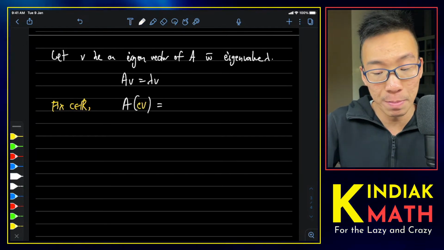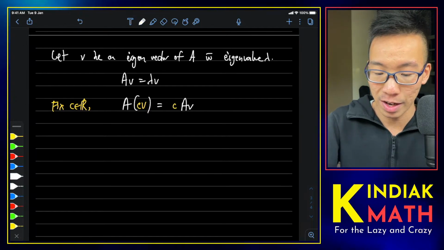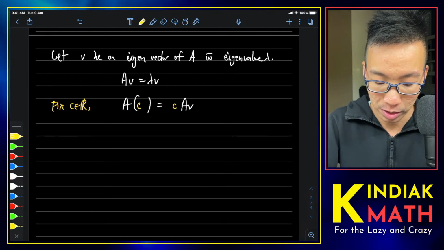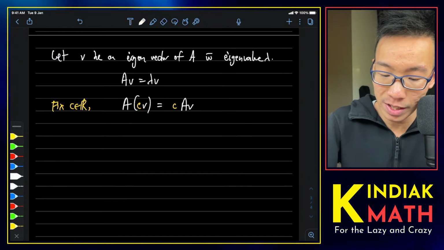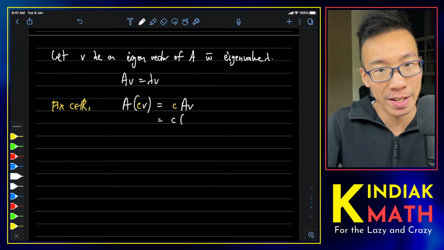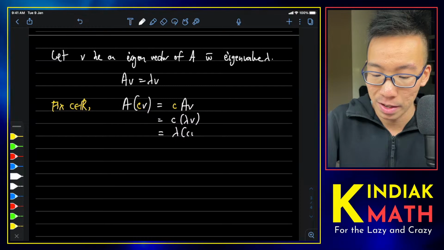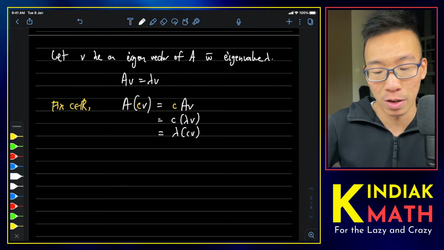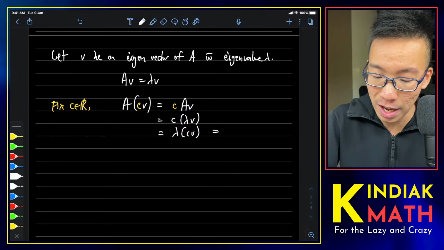That would simply be C times AV. But what's AV again? Since V is an eigenvector, AV is lambda V, which means that this equals lambda of CV, because you can swap the constants. But what does this tell us?